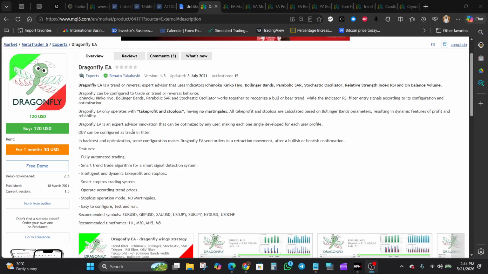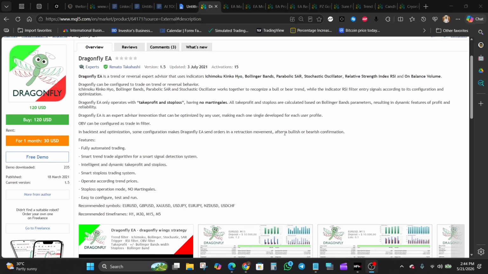Now, one important thing here is that Dragonfly EA supports both MT4 and MT5, so you can run it on either platform depending on your trading setup. Going through the description, this EA is presented as both a trend following and reversal style expert advisor.